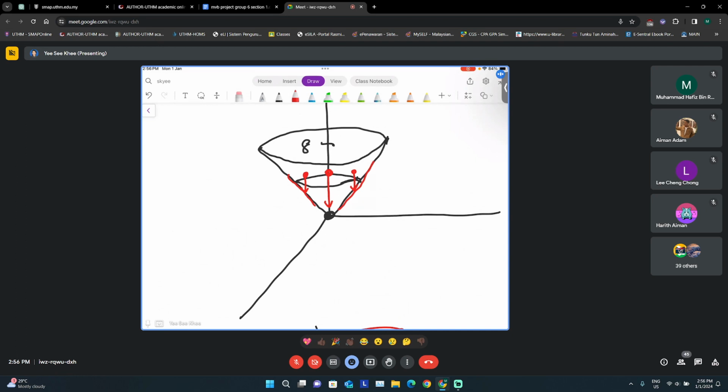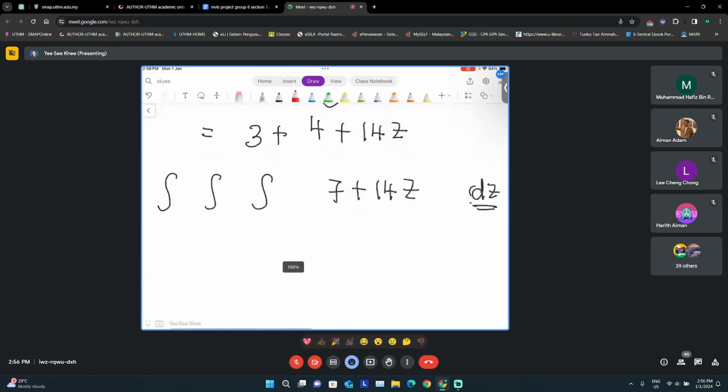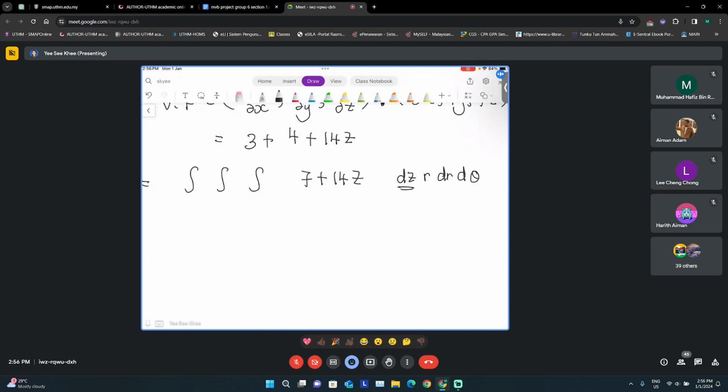When you look up, you can see a flat surface at the position z equals to 8. Based on this information, you can put your dz: the upper limit will be 8, and the lower limit will be the square root of 4x squared plus 4y squared, the equation of the cone.